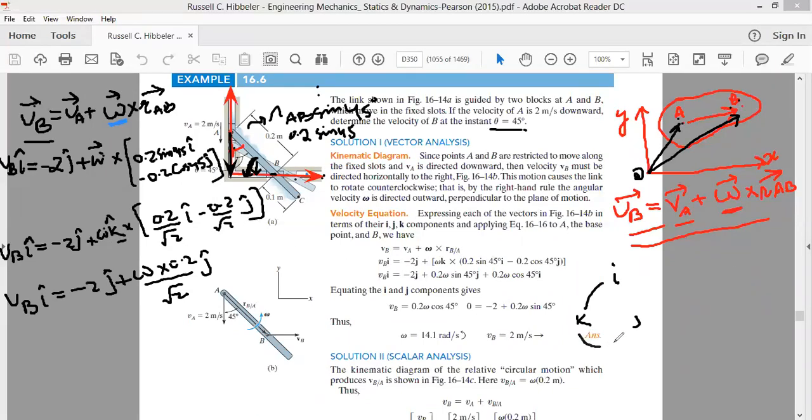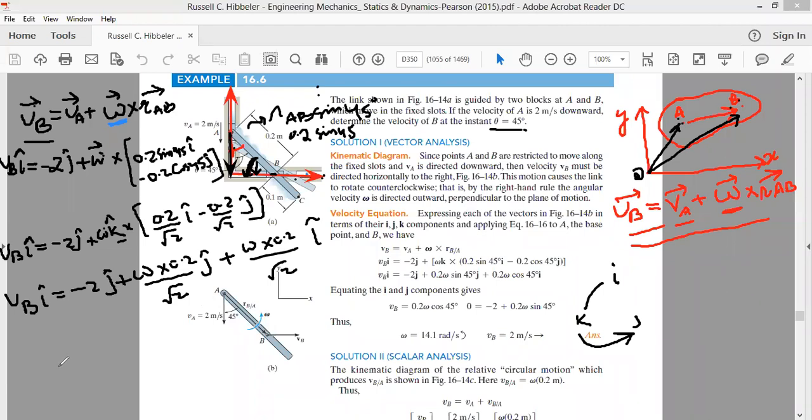As far as k cross j is concerned, we are coming in a cyclic order, it will be minus i. That minus will become plus here. So it will be plus omega into 0.2 divided by under root 2 i cap. So we can solve it further. This is minus 2 j cap and this is i cap.